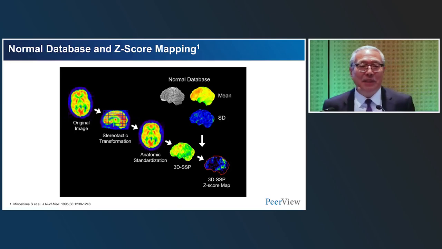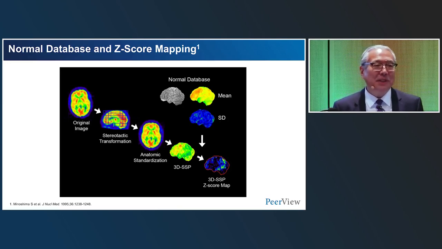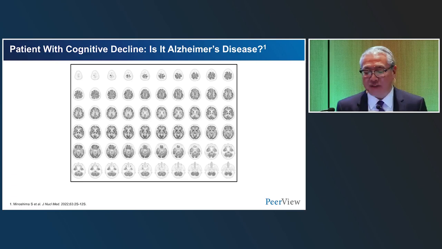FDG PET sometimes is very hard to interpret, so we really focused on statistical mapping technology. This was like 20, 30 years ago. Comparing to a normal database, instead of just looking at the area of decreased uptake, this statistical mapping highlights areas of decreased uptake as color-coded statistical values.